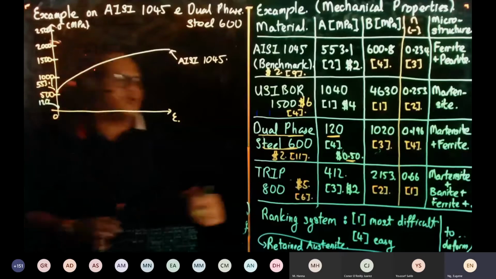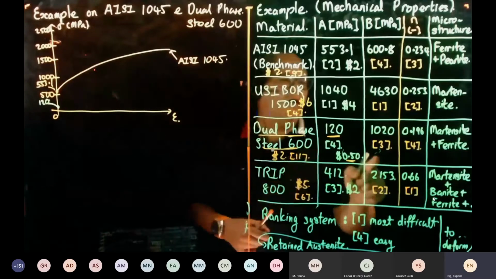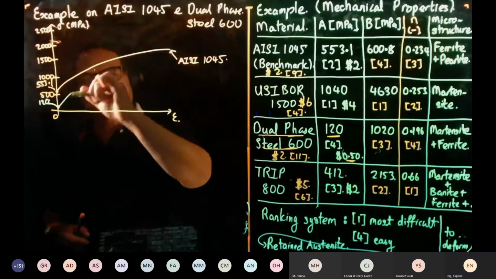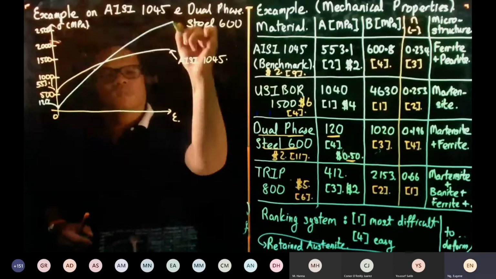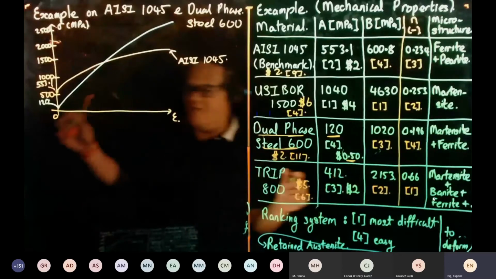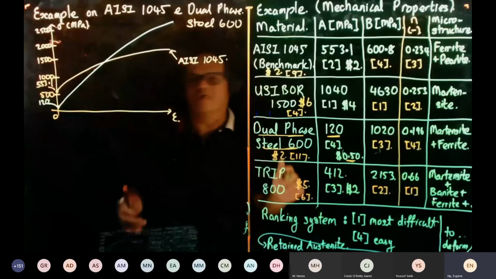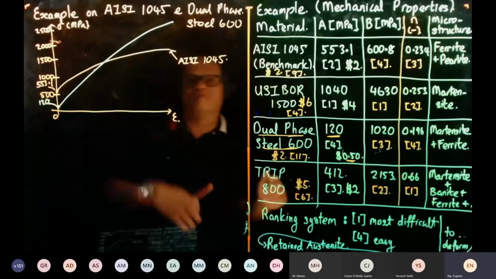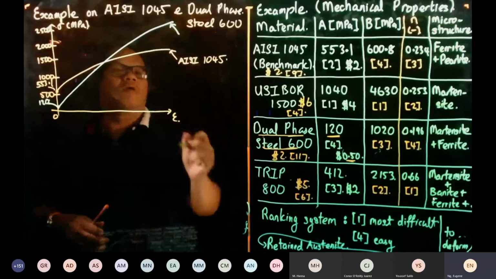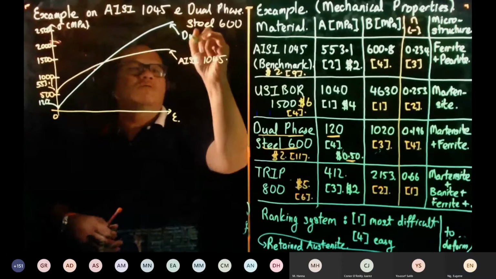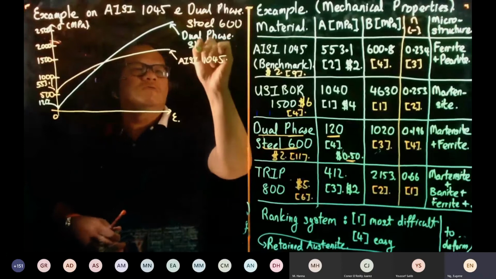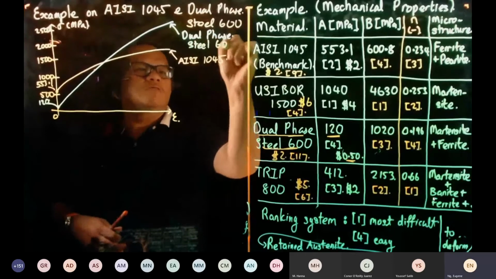And because of the B and N, especially the B value is twice, at one stage it will cross over. Okay, and like a typical engineer, if there's a crossover, it is exciting. If there's no crossover, it's going to be boring. So this will be for our dual phase steel 600.